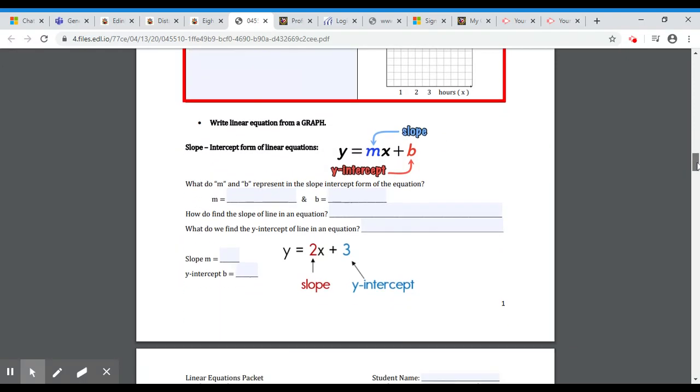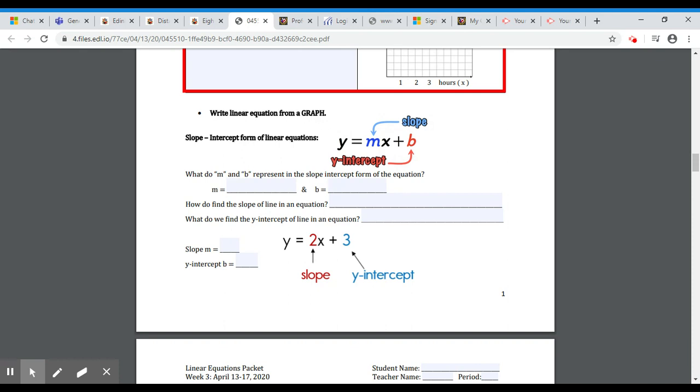So again, m stands for slope, and then, of course, your b stands for y-intercept.